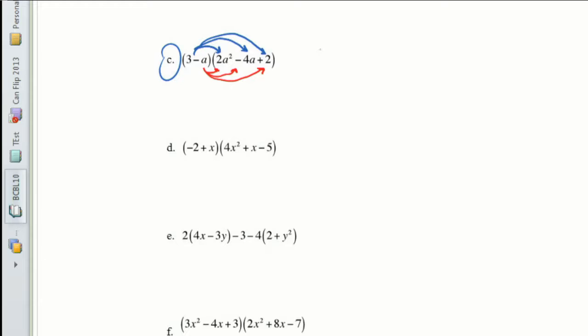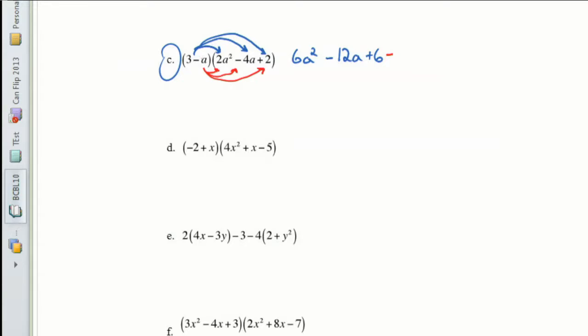3 times 2a squared is going to give me 6a squared. 3 times negative 4a is going to give me negative 12a. And 3 times 2 is going to give me 6. Now, that's the first term multiplied by all 3 in the second bracket, the trinomial. Then I'm going to do the negative a.